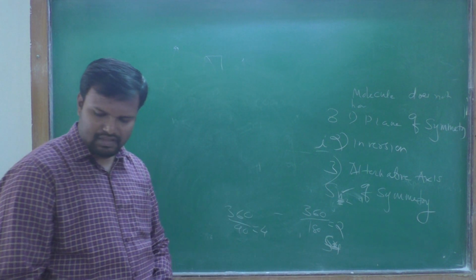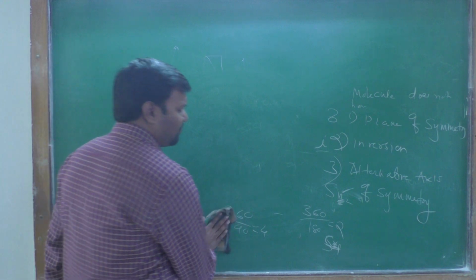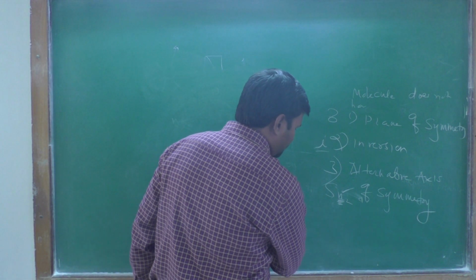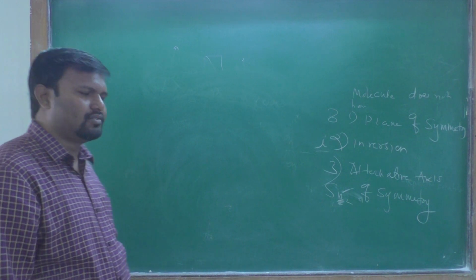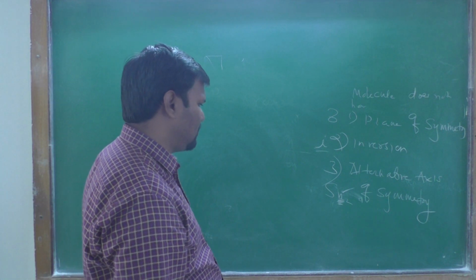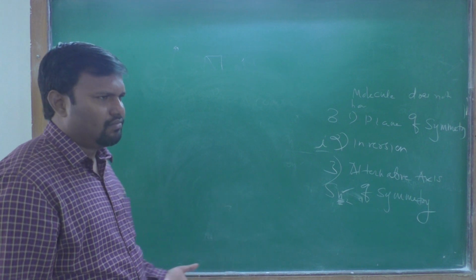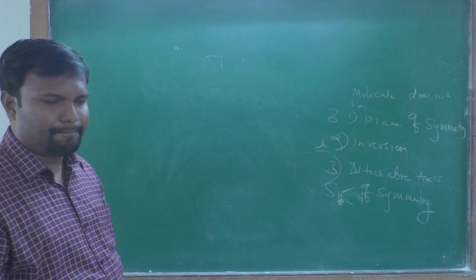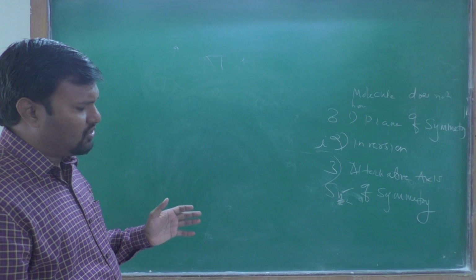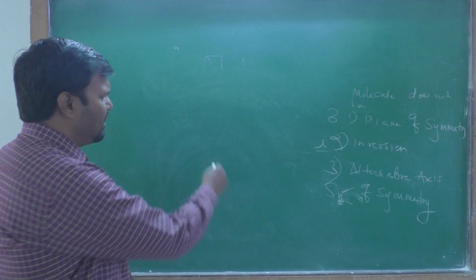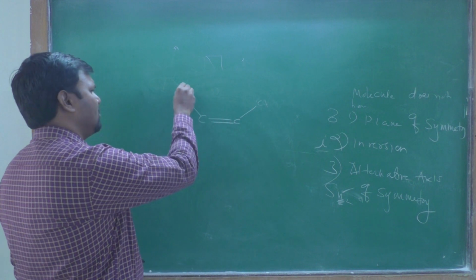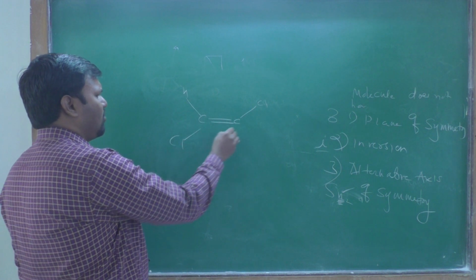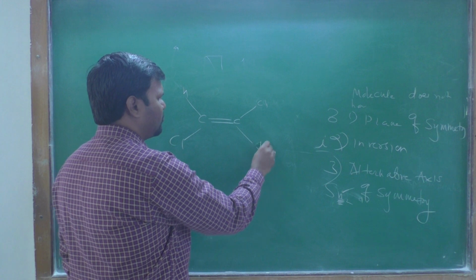Like that, n is the rotation about the axis about which your molecule is rotated. In the alternating axis of symmetry, we will take an example. By using that example, you can get the idea of what an alternating axis of symmetry means.